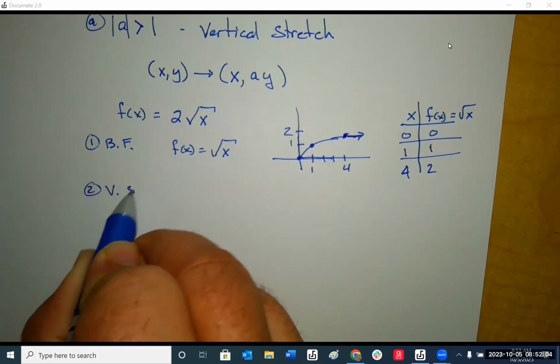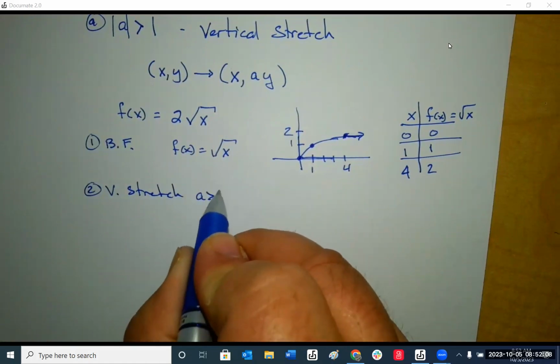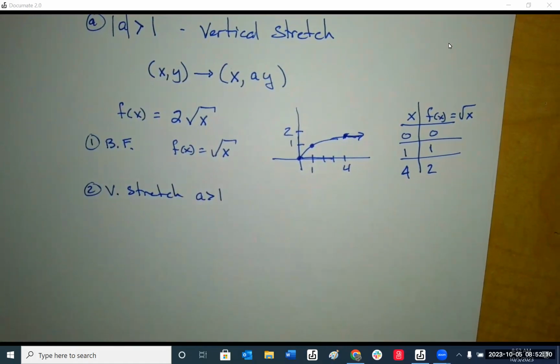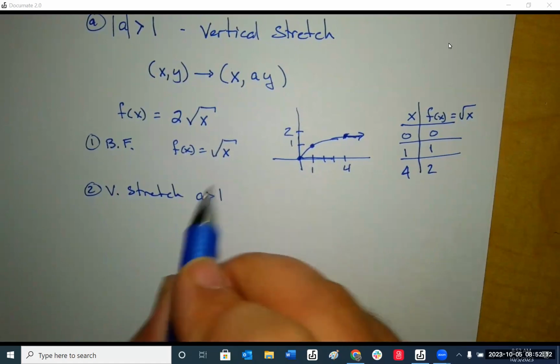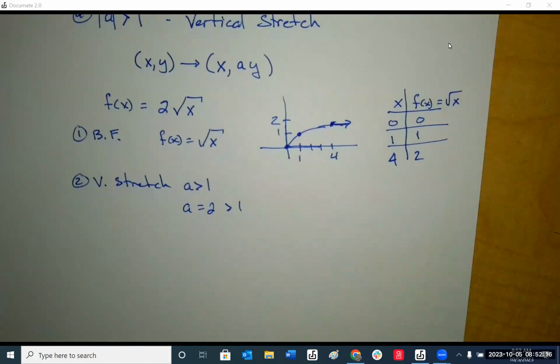And we have a vertical stretch because A is bigger than 1. Actually, A is equal to 2, which is bigger than 1.